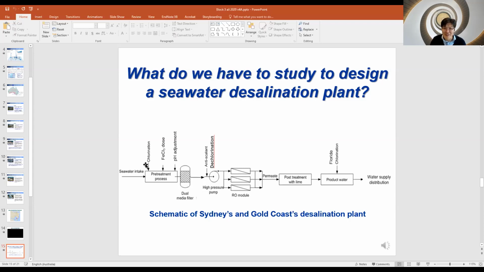I didn't include the drum screening in front of your chlorination, but yes, you're correct. You can put the drum screening. There are several different sizes and different screening types. You can mention that first we can incorporate drum screening to remove fish, some seaweed, and some large particles. So that's correct. You can incorporate it in your assignment 3.